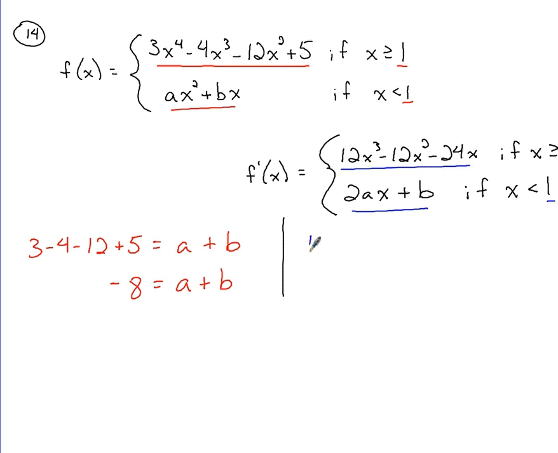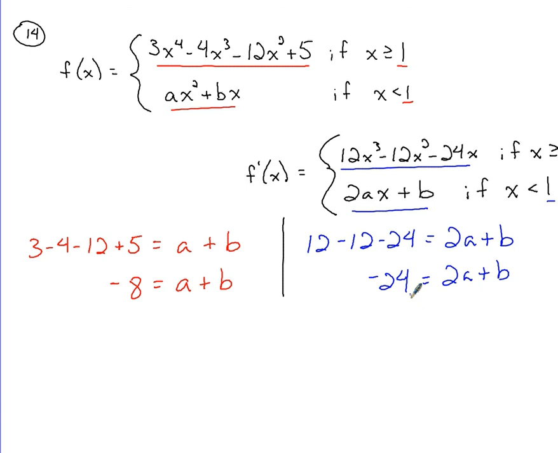Well, if I plug in for the x's, I get 12 minus 24, which of course will give me negative 24. Now I need to set that equal to the second piece when I take 1 and I plug in for x. There's only one x to plug into here. If that's 1, I'm going to have 2a plus b. So this 2a plus b equals negative 24.